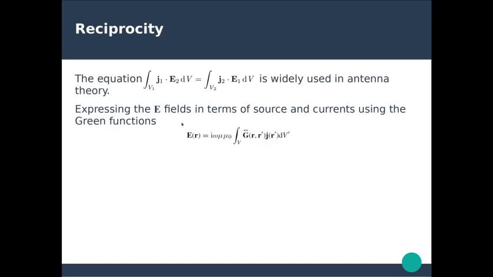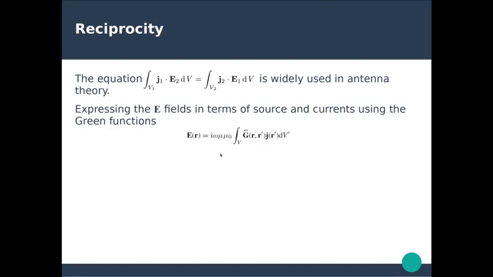We've seen just a moment ago that the electric field can be calculated from a point source using the dyadic Green tensor. Note that here the background field is set to 0, so we make it simple. There's no background field. The total field we calculate is the induced field from the point source.